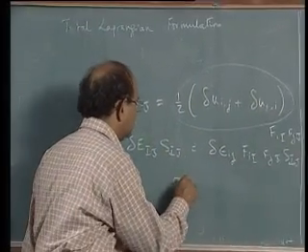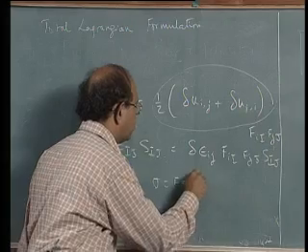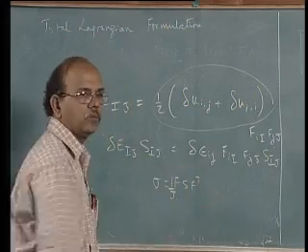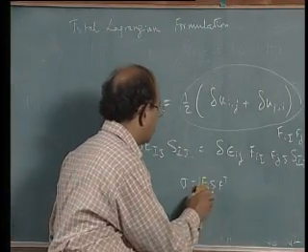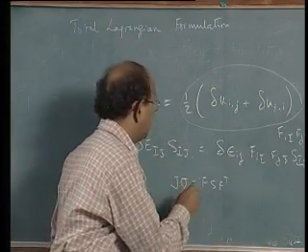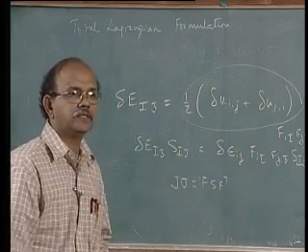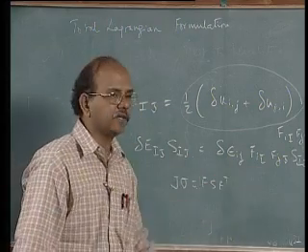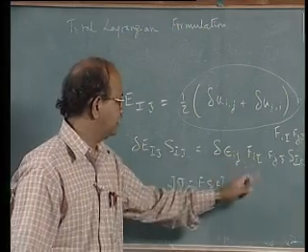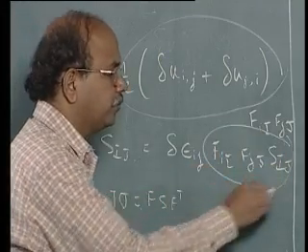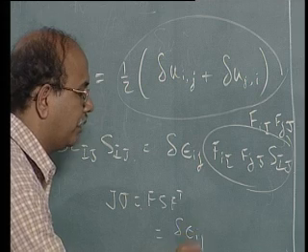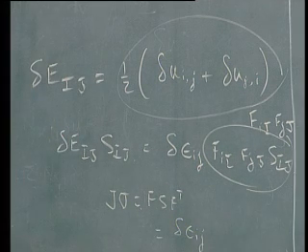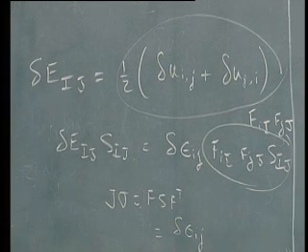Sigma is equal to F S F transpose 1 by J, or J inverse. In other words, F S F transpose equal to J sigma. Look at what these three terms in indical notation mean. Fantastic. So this is equal to delta epsilon ij into J sigma ij.